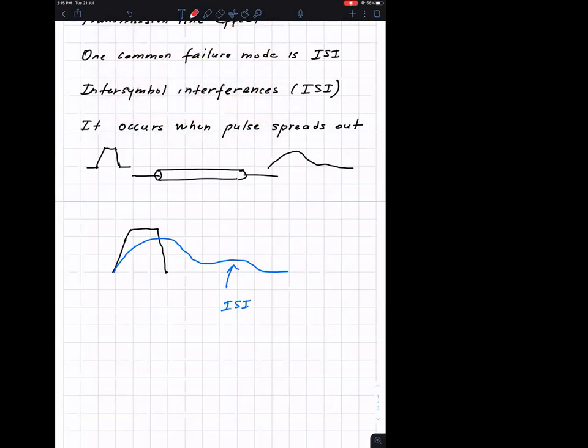So again, please realize there's a loss here. There's signal loss and interference. Signal loss. Pulse spread.